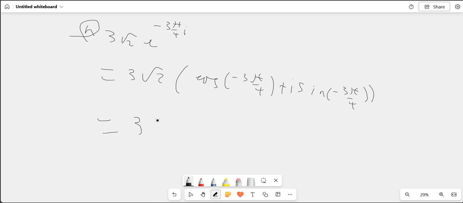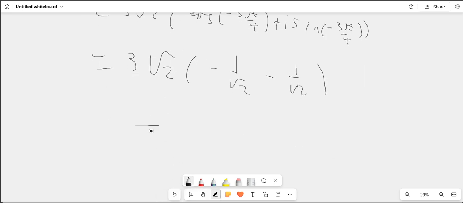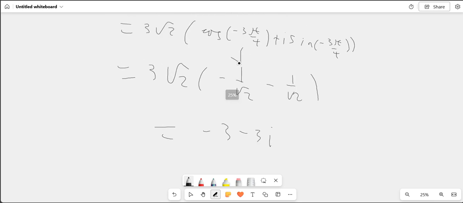And I'll just put in the inside here, so 3√2 open bracket -1/√2 minus 1/√2 i. And then times it inside, you'll get -3 minus 3i here. Alright.